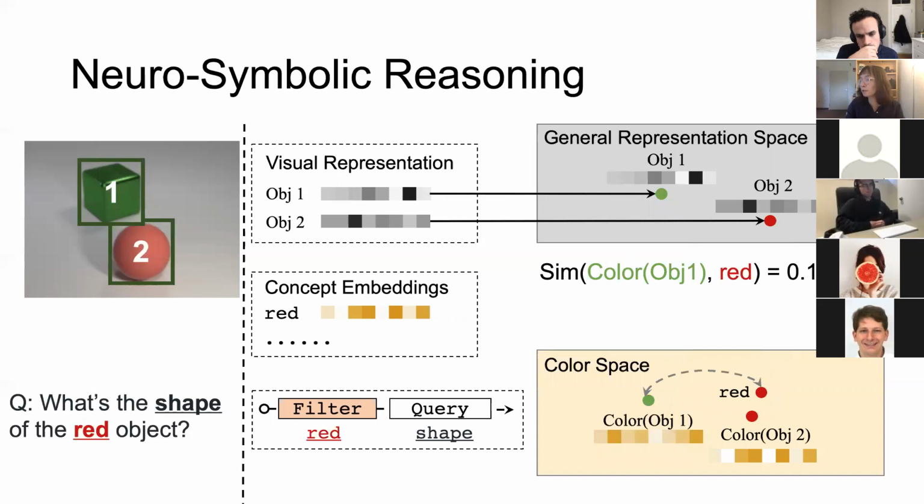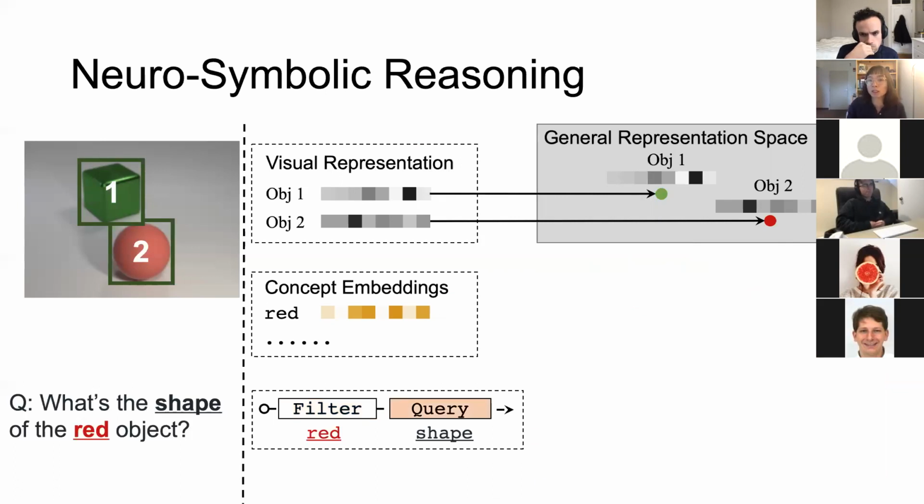Then we can compare the cosine similarity between the color representation of the object and the vector representation of red to classify whether an object is red or not. So in this specific case, we will classify the second object as red. The second object will become the input to the second operation, which is query shape.